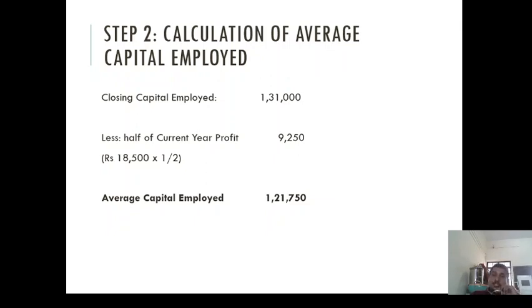Rupees 9,250. Now, this is what I have to reduce. 1,31,000 less 9,250. So average capital employed is rupees 1,21,750. So now we will go for the third step.